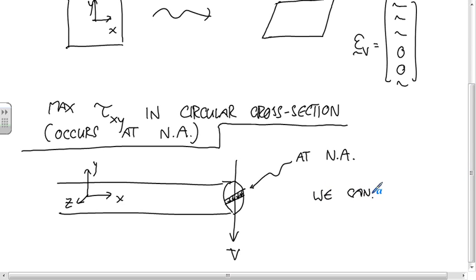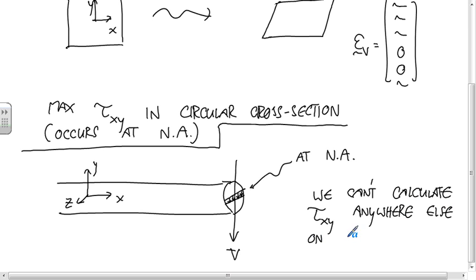We can't calculate tau xy anywhere else on a circular cross section. Okay, so what does that mean about the importance of bending moments when we're doing calculations involving circular cross sections?